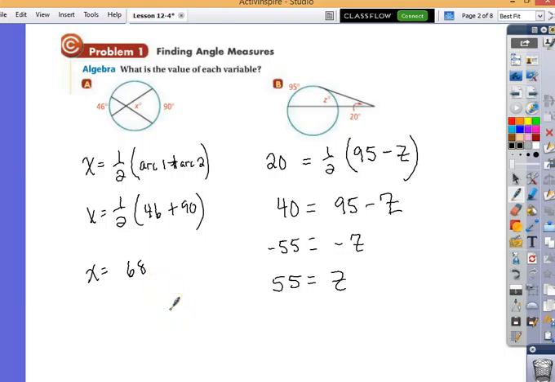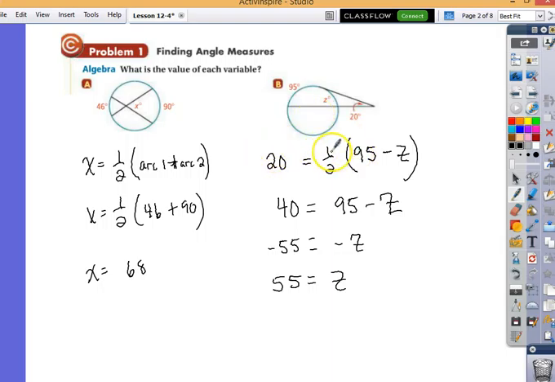Yes, sir? So you subtract 40, no, you wait. How did you get 40? Okay, so I started out with the equation 20 is equal to 1/2 times 95 minus Z. This is the angle. This is the 1/2. This is the bigger arc. This is the smaller arc. So how did I get the 40? Well, I don't want to deal with this 1/2 here, so if I multiply this side of the equation by 2, 2 times 1/2 goes away. Whatever you do to one side, you have to do to the other side.